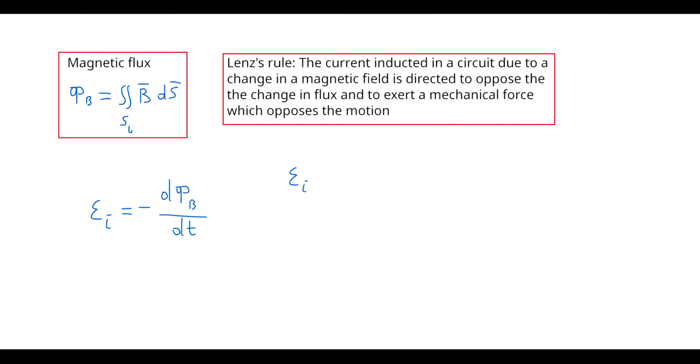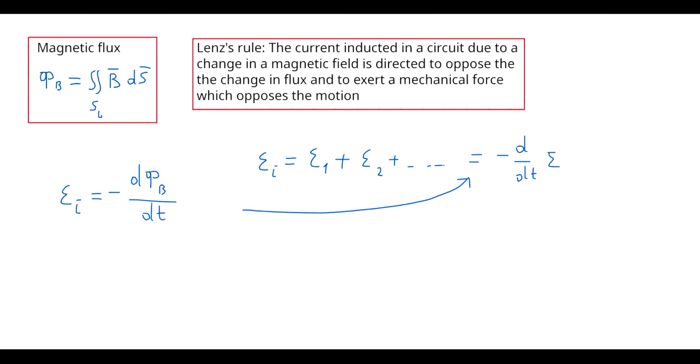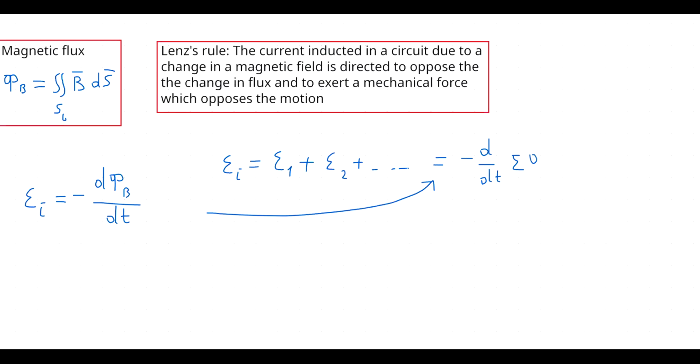The electromotive force of induction is equal to the electromotive force in the first circuit plus the electromotive force in the second circuit plus and so on, and it will be equal to minus d by dt of the sum of Φ_B.